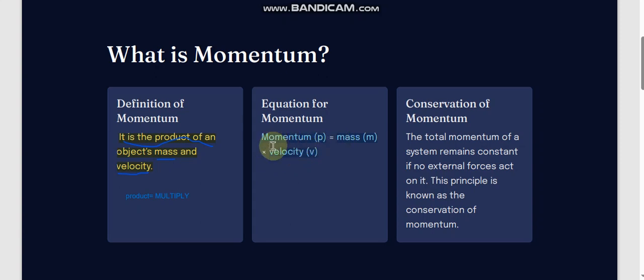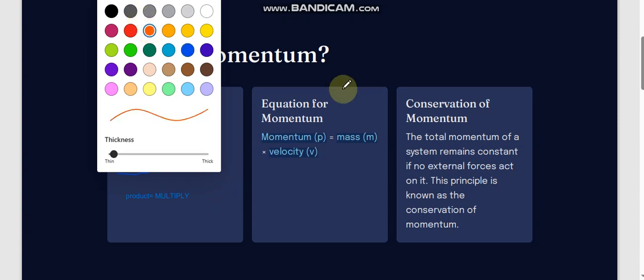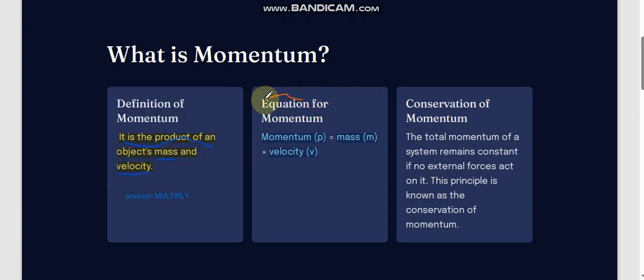So this equation supports the definition that we just spoke about. The definition said that momentum is the product, taking your mass and multiplying it with velocity, and the equation definitely supports that.